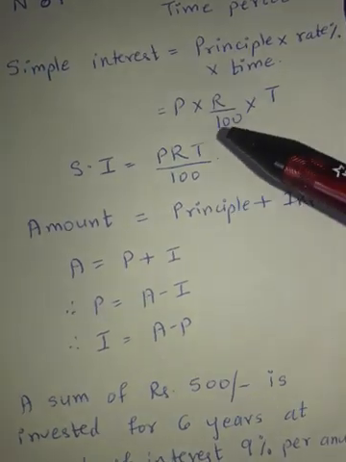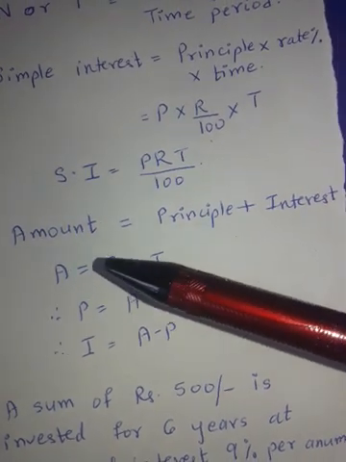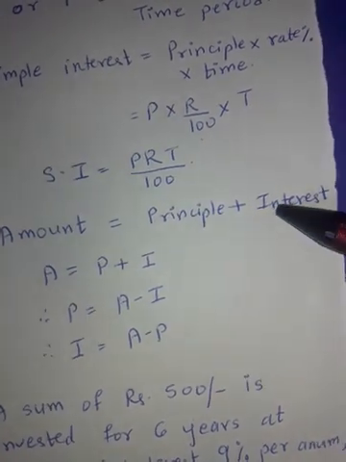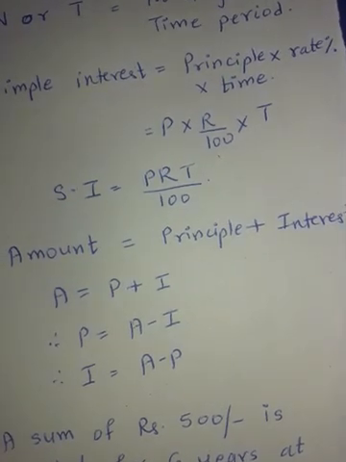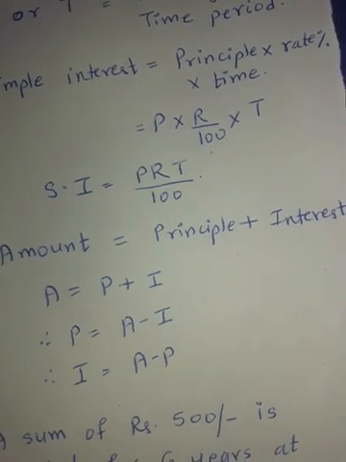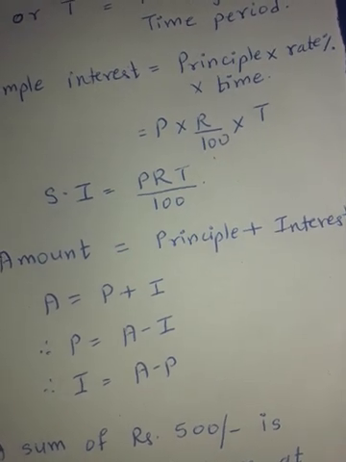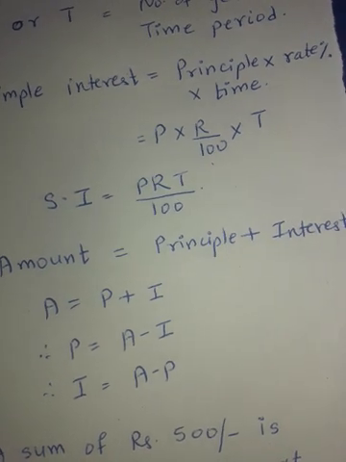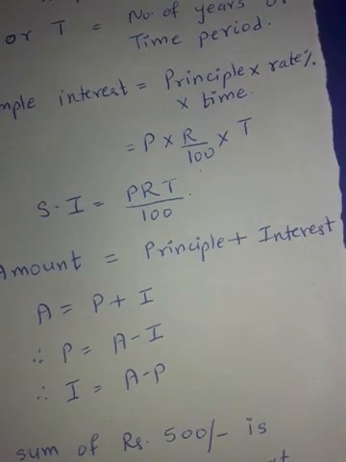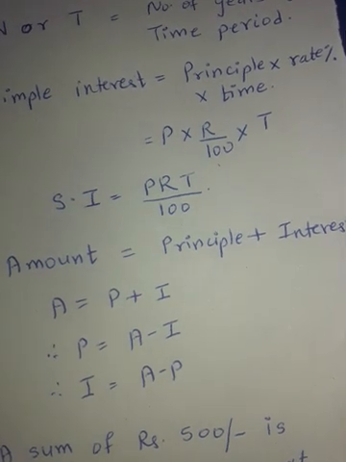There is one more term, amount. Now what is amount? It is principal plus interest. Suppose you keep one fixed deposit of say 10,000 rupees, and at the end of the year you get say 200 rupees as the interest. So whenever you go to the bank after 1 year, you will get those 10,000 along with 200 interest.